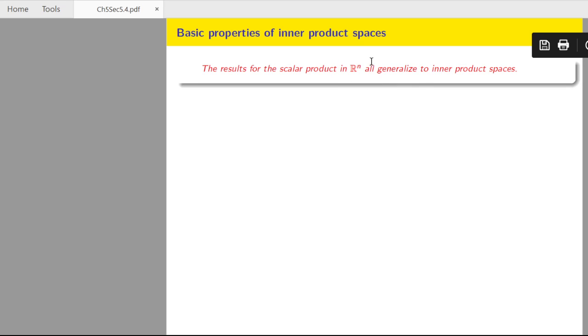So this actually gives us a good idea to review the results in section 5.1 and then do the generalization. This is very important, going from a simple case to a general case.